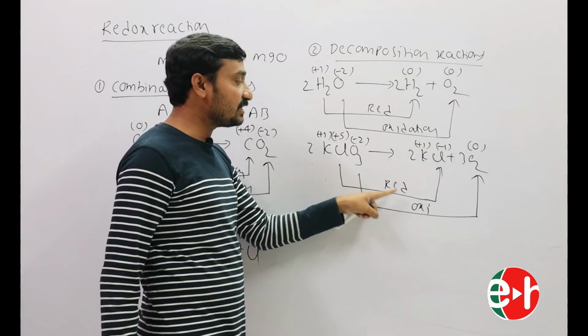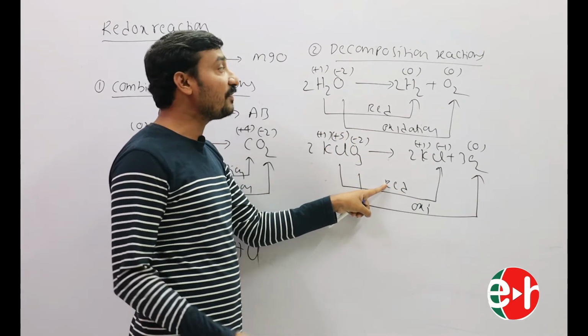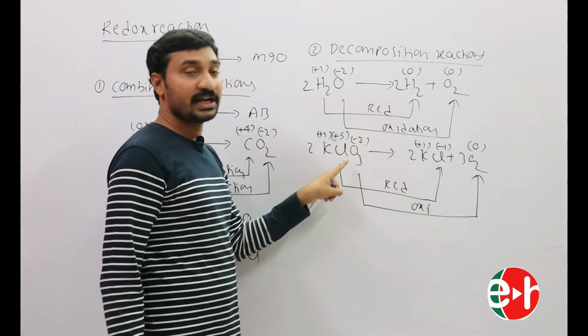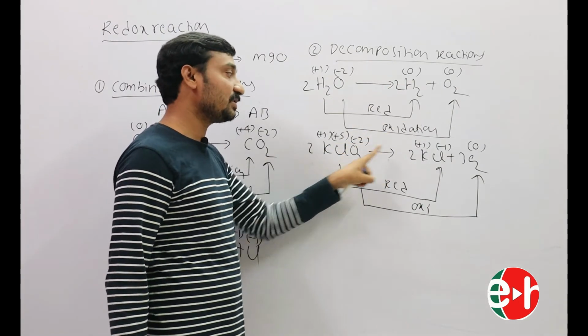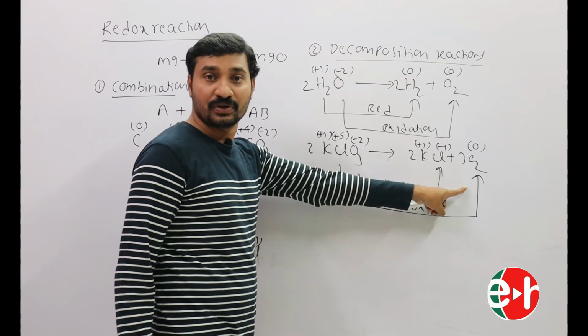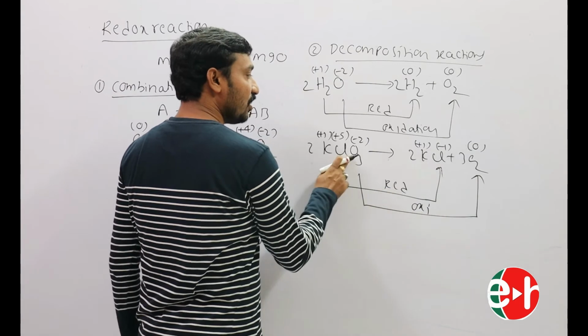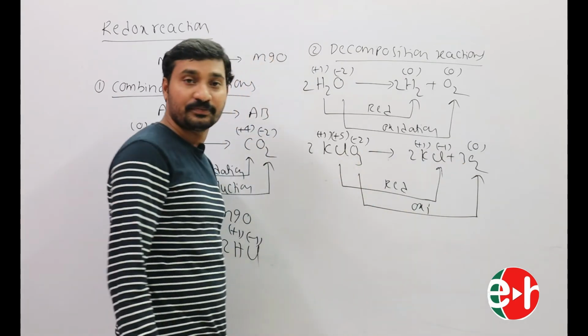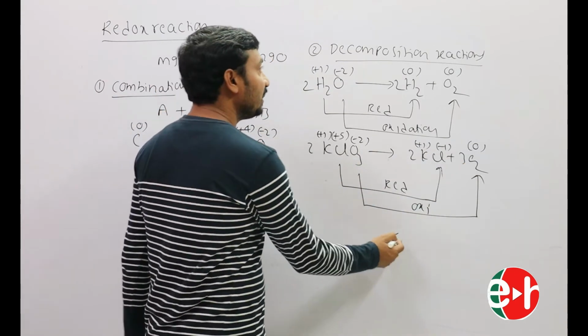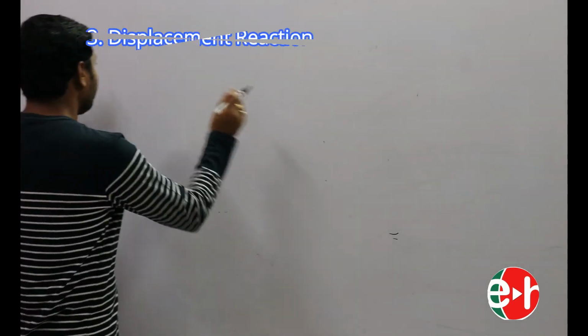Because both oxidation and reduction take place. So what type of redox reaction? Decomposition redox reaction. Okay, KClO3 decomposes, gives KCl and O2. In this one, Cl plus 5 to minus 1 is reduction, oxygen minus 2 to 0 is oxidation. Got it? So this is a decomposition reaction.